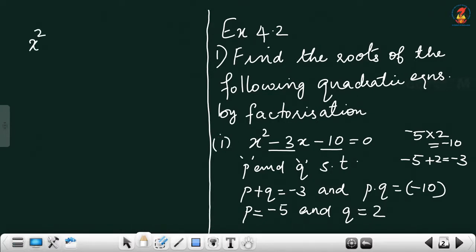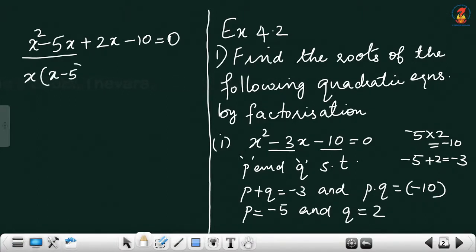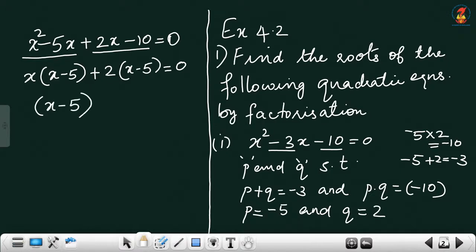So we can split this equation as 3x square minus 5x plus 2x minus 10 equal to 0. From these two we can take out x into x minus 5, and from these two 2 is common, plus 2 into x minus 5 equal to 0. So x minus 5 is common for these two, so x minus 5 take out, remaining x plus 2 equal to 0.